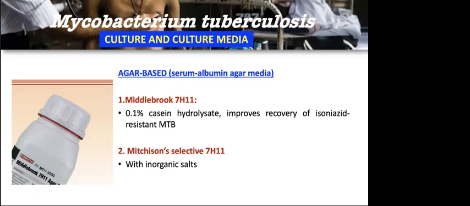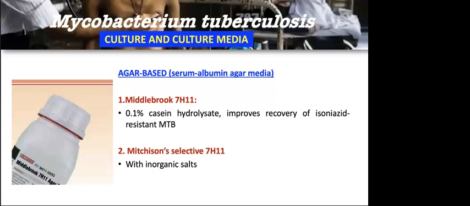So it would contain 0.1% casein hydrolysate. So this is really good for improving the recovery of your isoniazid-resistant Mycobacterium tuberculosis. So perfect for growing your drug-resistant strains of Mycobacterium.